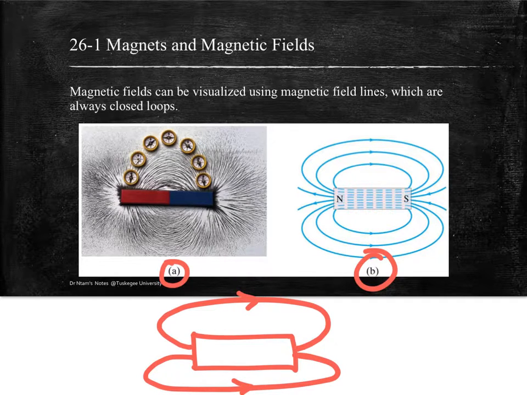So magnetic field lines go from north to south, out of north into the south.